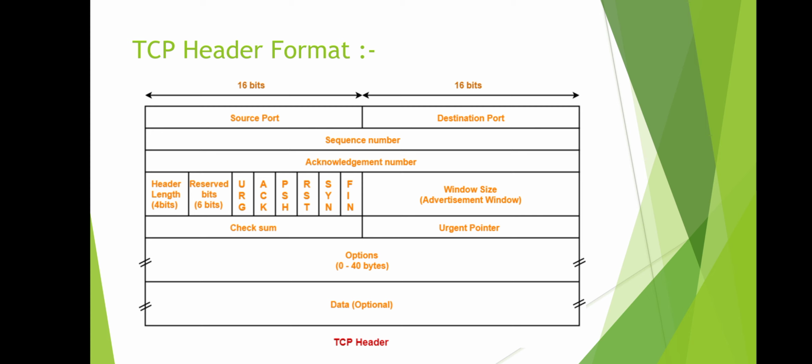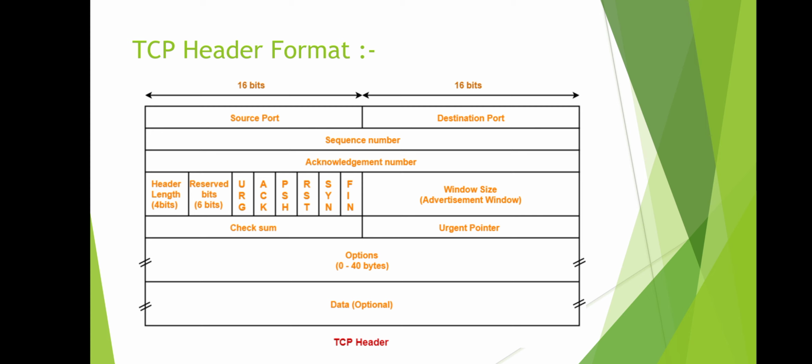URG means urgent, the data is urgent, ACK means acknowledgement field, PSH means push function, RST means reset the connection, SYN means synchronize the sequence numbers, and FIN means terminate or finish the connection.